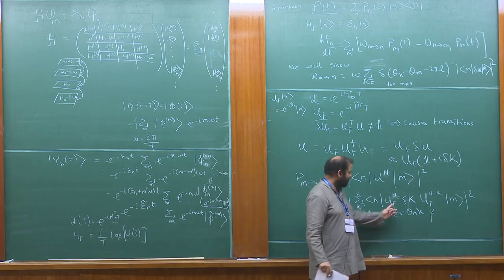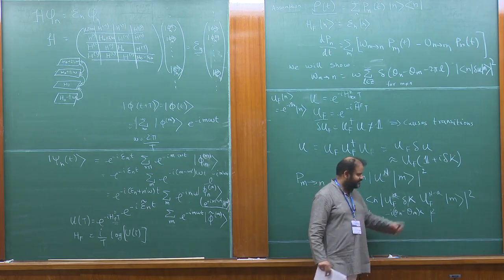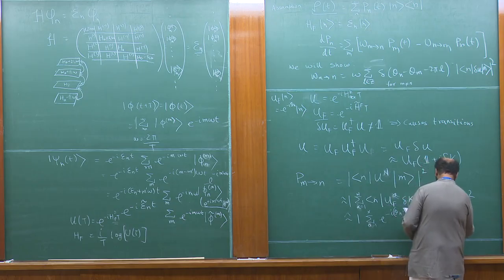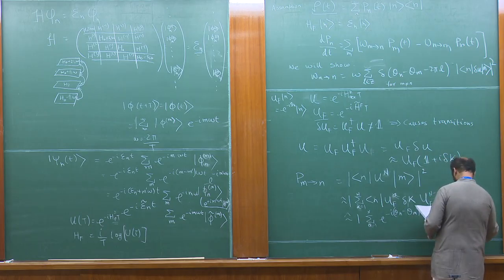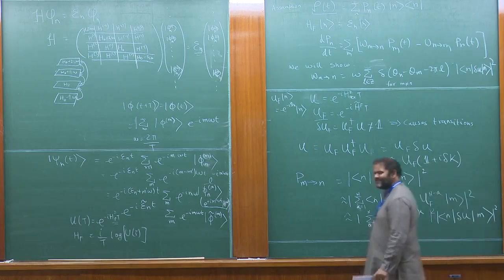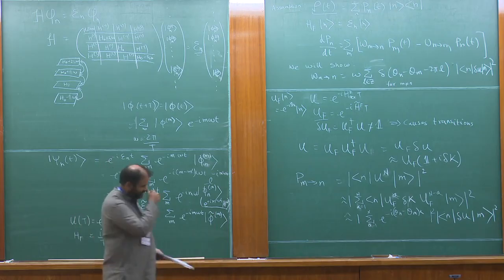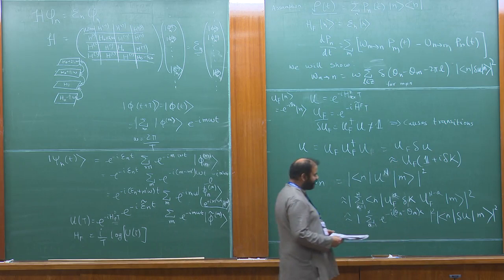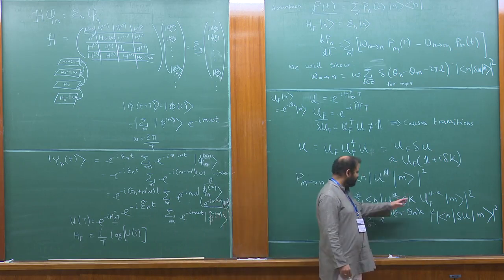So what I would end up getting is a bunch of these e to the power minus i theta n minus theta m, times K. K is the lowest order contribution. So this is the way in which Fermi's golden rule is coming in, because we are keeping the lowest order contribution. Okay. So what I have done is nothing very special.